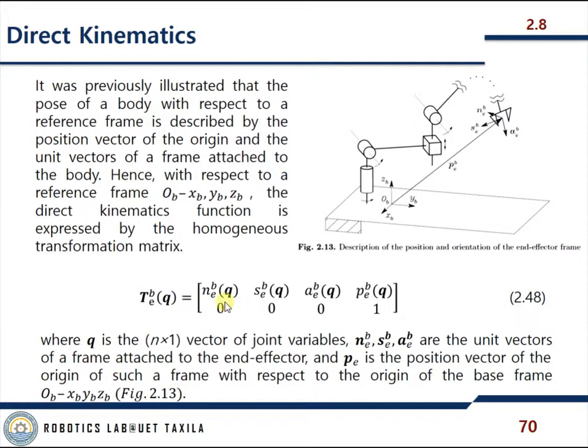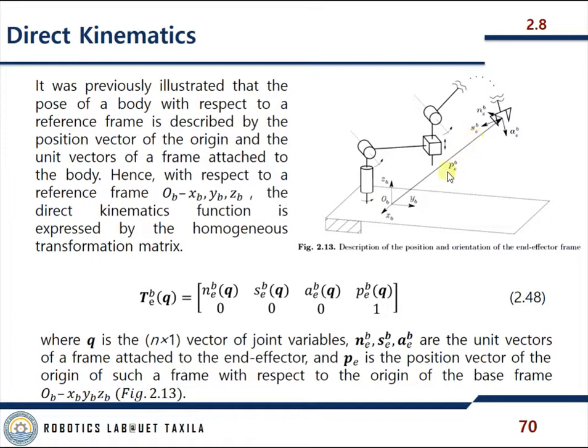Here we have some n factor, some s factor, some a factor, and some p factor. Here q is the n by 1 vector of joint variables, n_e^b, s_e^b, and a_e^b are the unit vectors of the frame attached to the end effector, and p_e is the position vector of the origin of such frame with respect to the origin of the base frame.